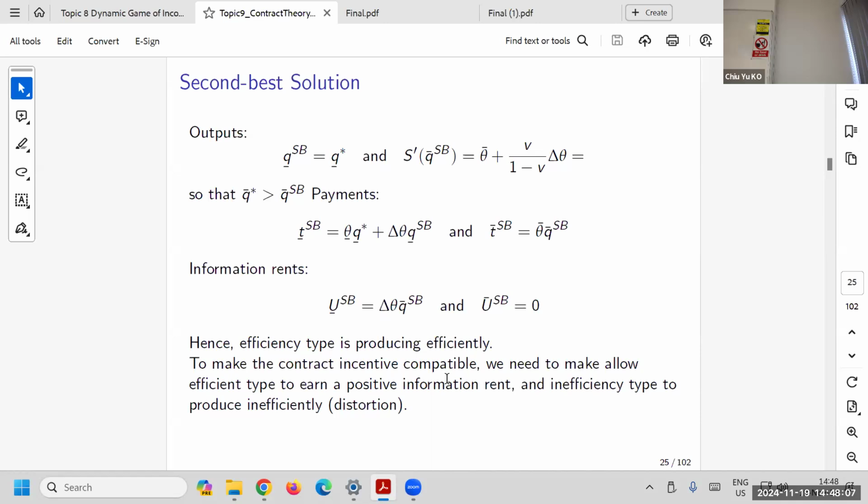That's why this is more than that, right? So in order to make sure it would not be worthwhile to pretend. Okay? So that is the main idea.